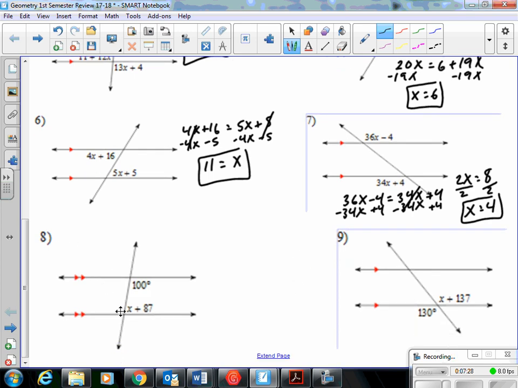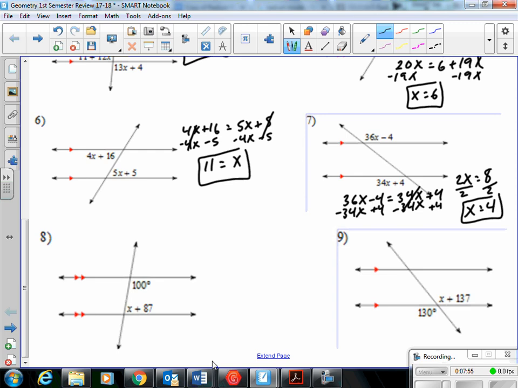Number 8, the one oddball here. We got same side of the transversal in between the 2 lines, known as consecutive interior angles, or same side interior angles, either way. And so they're on the same side in between the 2 lines. The rule is that those are supplementary. Otherwise, they end up adding up to 180.